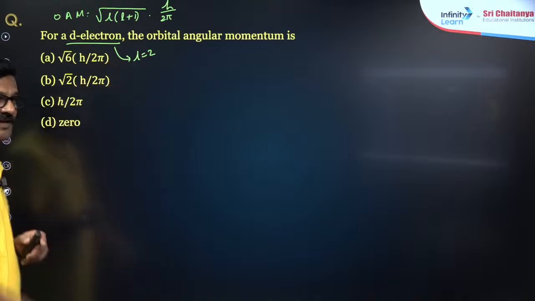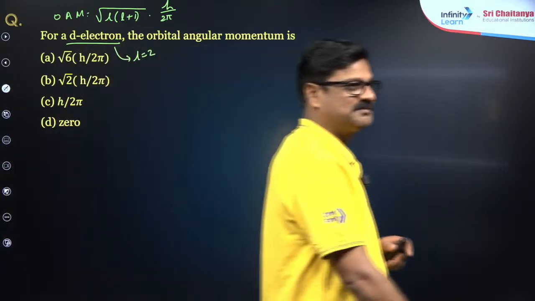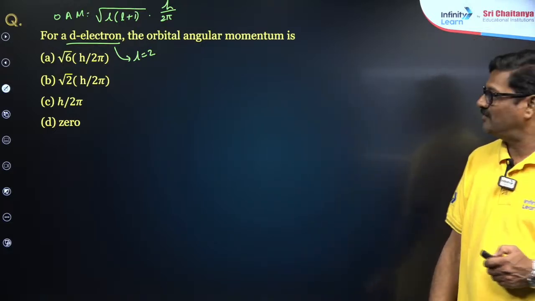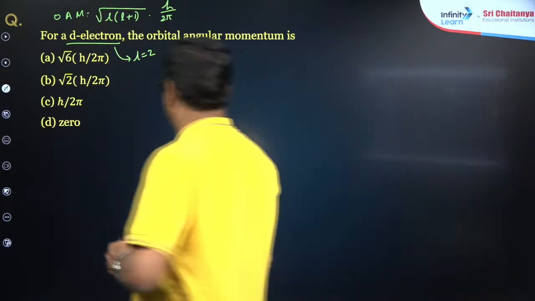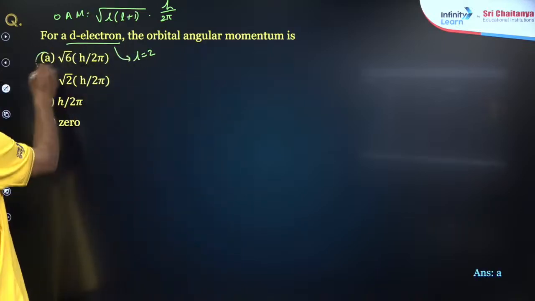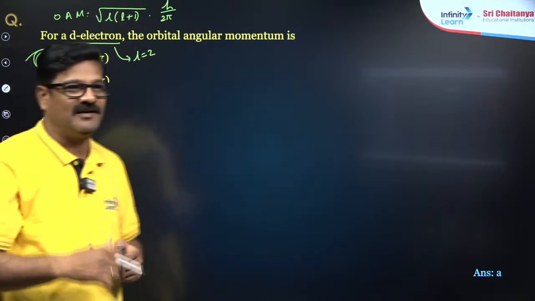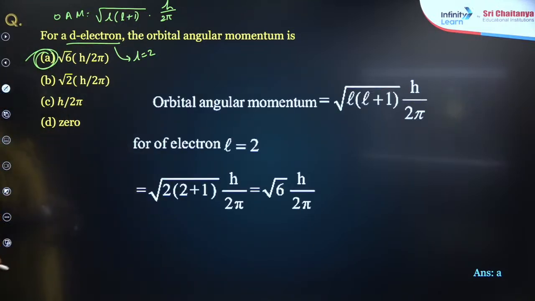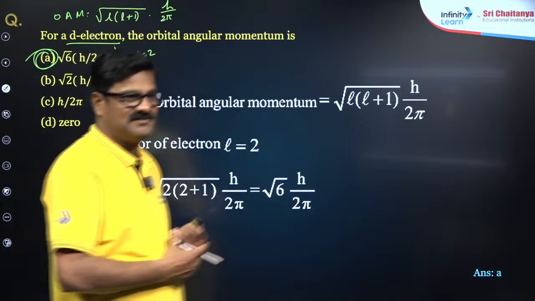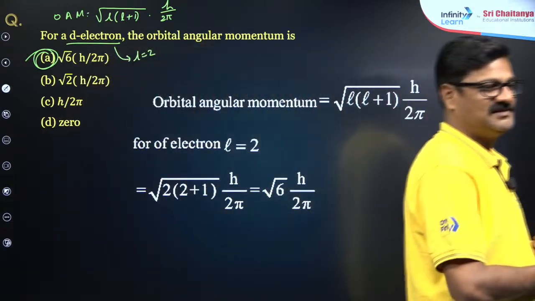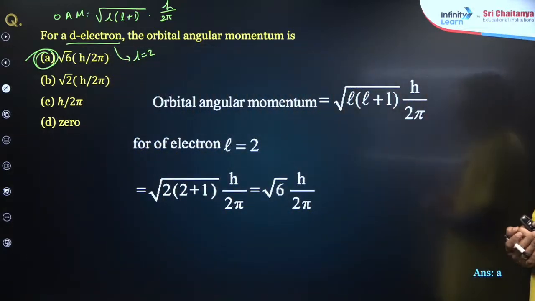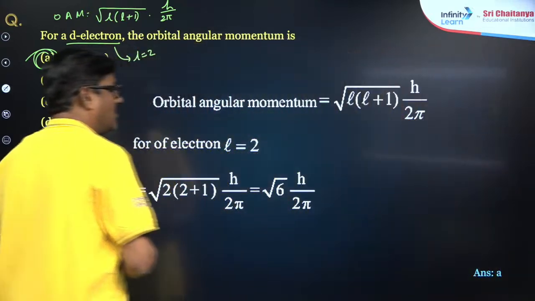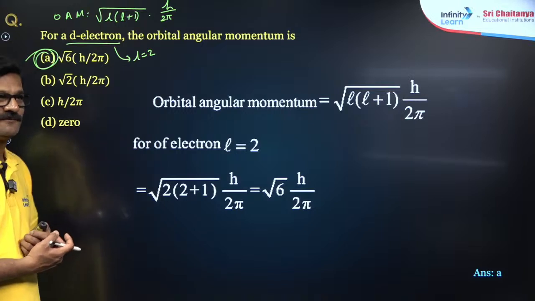Give your answer quickly. Perfect, it is going to be this answer. Orbital angular momentum is root over l into l plus 1 times h by 2 pi.